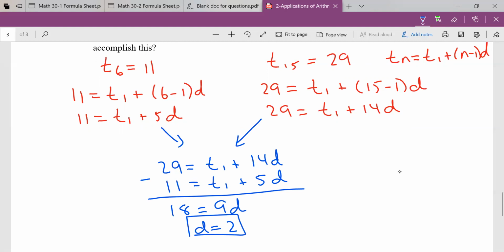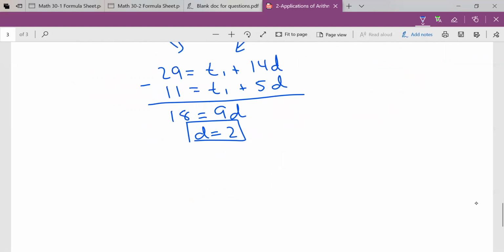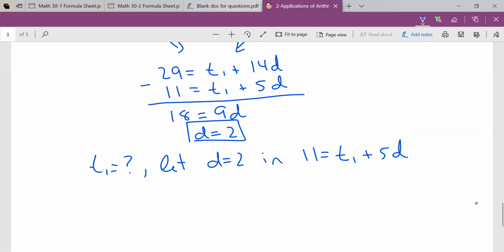We've got the difference, but we still need that first term, don't we, friends? So now to find T1, what's T1 equal to? Well, let's let d equal 2 and sub it into either one of the general terms that we've started to build above. I'm just going to choose that one. It's got slightly smaller numbers. So I sub it in: term 1 plus 5 times 2.